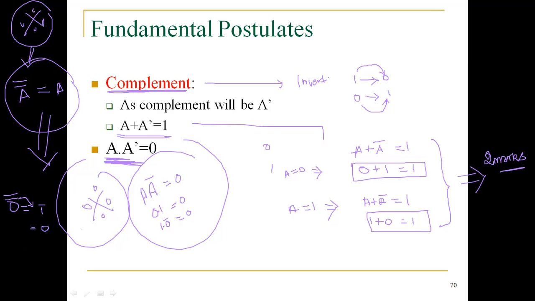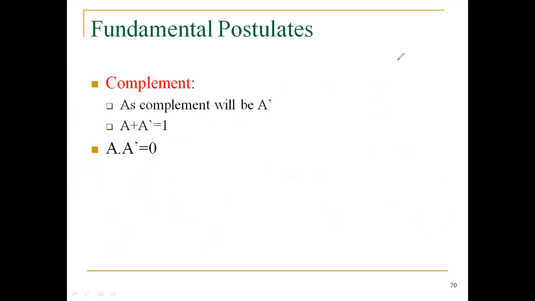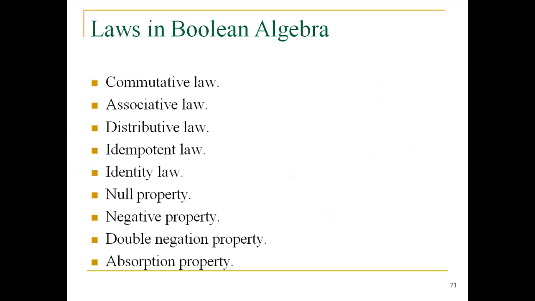Or if I assume A equal to 1, 1 bar bar equal to 1. How? 1 bar equal to 0, 0 again complemented, so 1. That's all. It is a complement based postulate. Based upon this postulate, there are some laws. It may be an 8 mark question in your end semester examination.